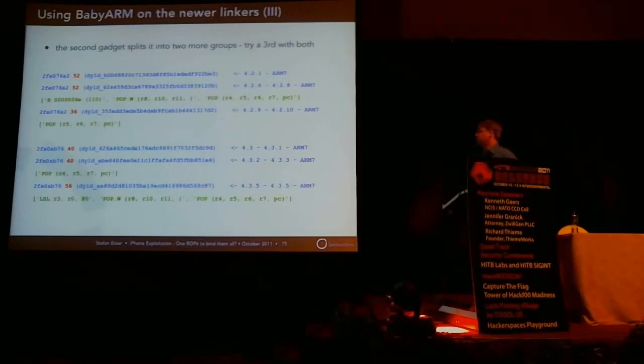Basically, I had to try a little bit around so that they don't collide, because I get a list from baby ARM of all the gadgets, and I just take one that doesn't collide. And for the newer dynamic linkers, you have the same situation. The first 2 are found as the same gadget, and in the second case, for the last one, there's a second case.